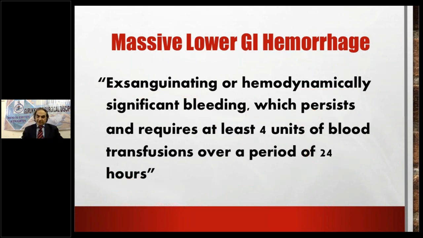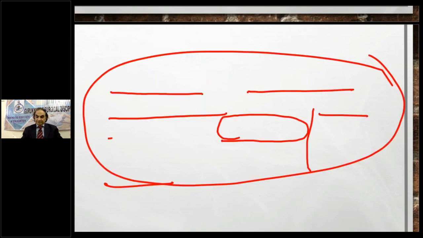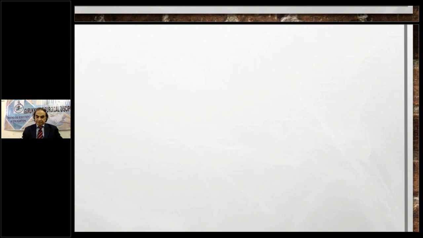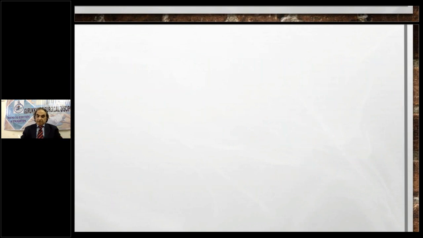Again, if you go back to what I initially discussed in the management of hemorrhage, we talked about shock index, which I'm not repeating. This is how the terminologies are used today.